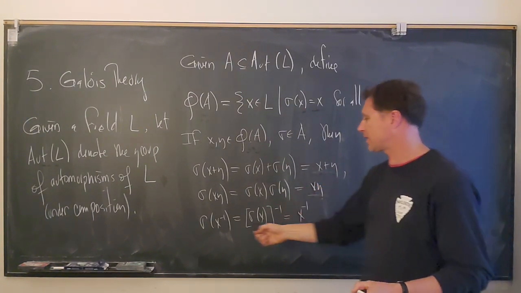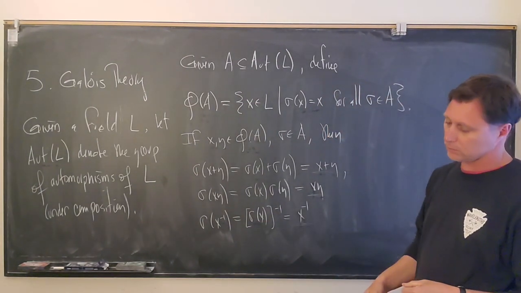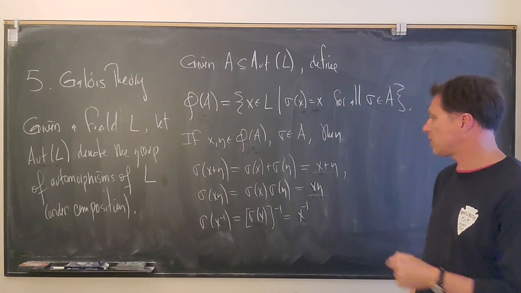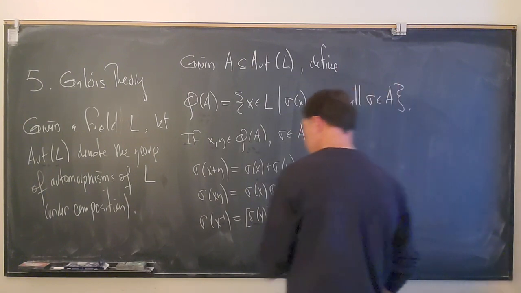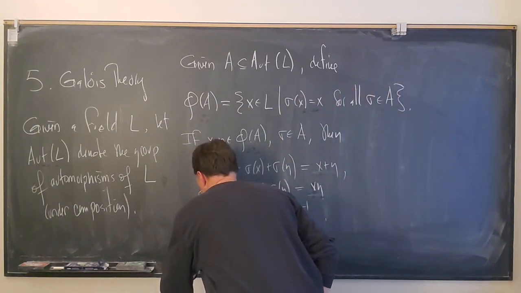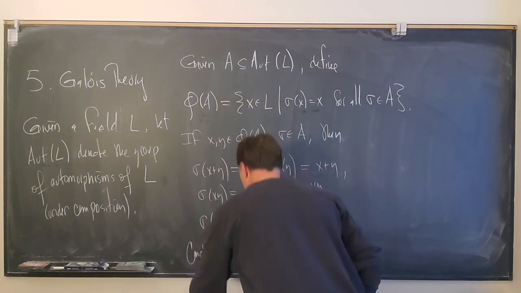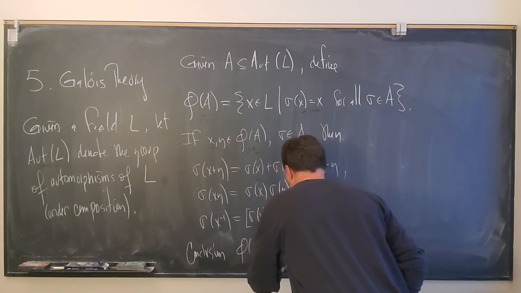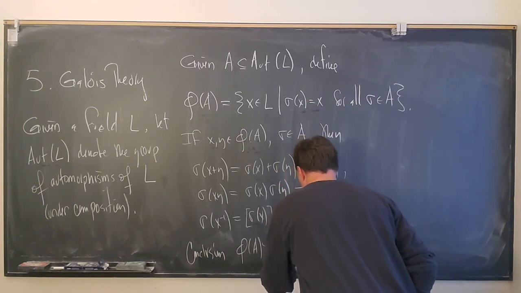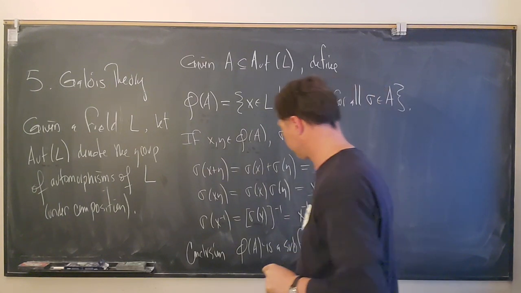Of course, this only makes sense when x is invertible, is a unit, so as long as it's non-zero. The conclusion is that phi of A is a subfield of capital L.